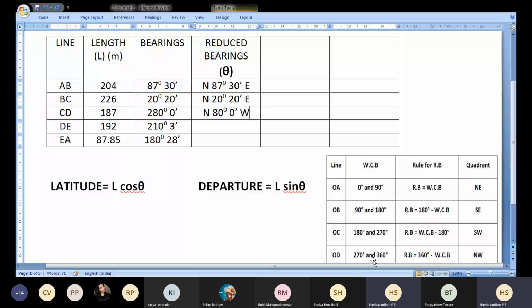So reduced bearing will be 360 minus whole circle bearing, that is 360 minus 280, which is equal to 80 degrees. So north 80 degrees west.